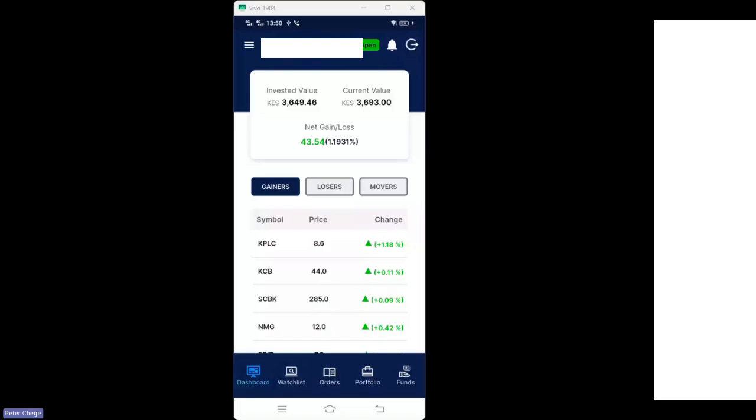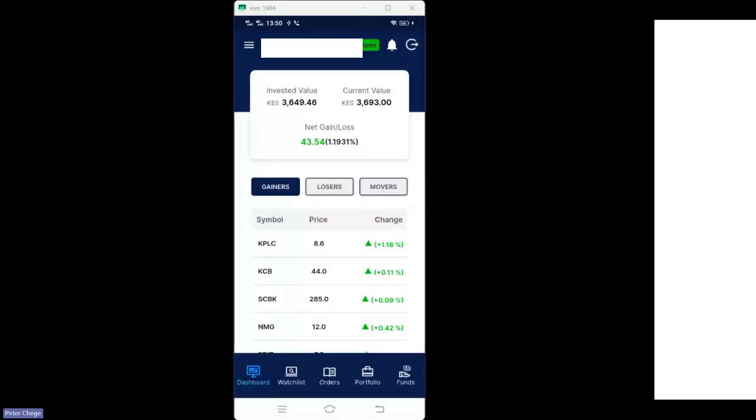Now, in last Friday's training, I said there is a difference between NSE trading and Forex, CFDs, and international stock trading of physical shares. For international physical shares and NSE shares, the net gain or loss is not the actual loss you have got unless you sell. However, in Forex, it is the real loss you are realizing. So that is the difference.